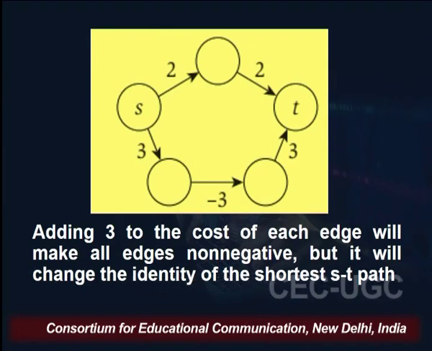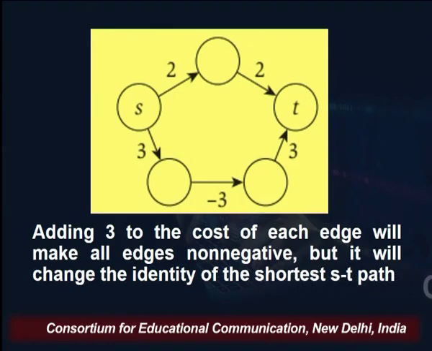So for example, if we talk about the path from S to T, here we have two paths. From S to T, if we go in the upward direction, we have a weight of 4 units. But if we take the path on the lower side, we have a total path weight of 3.